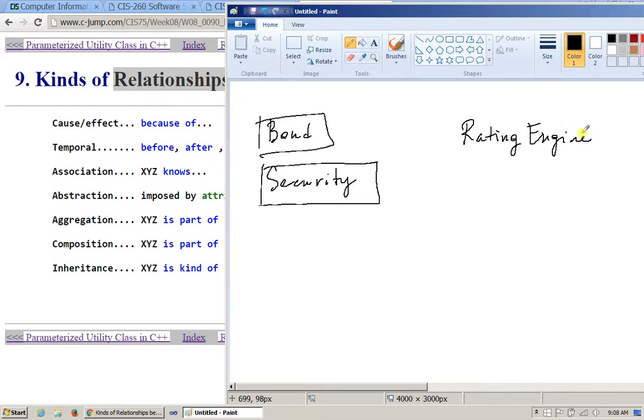All right. The rating engine basically internally assigns ratings to bonds and securities, and you have rating agencies in the world, like Moody's and Standard & Poor's and others, which basically rate anything, right? They will rate financial instruments like this.